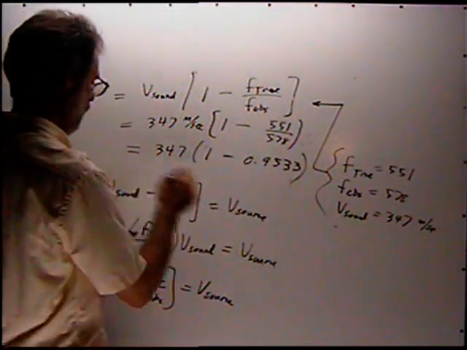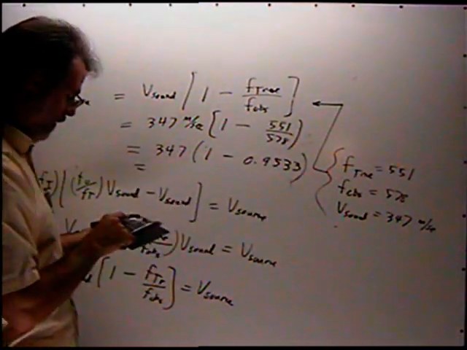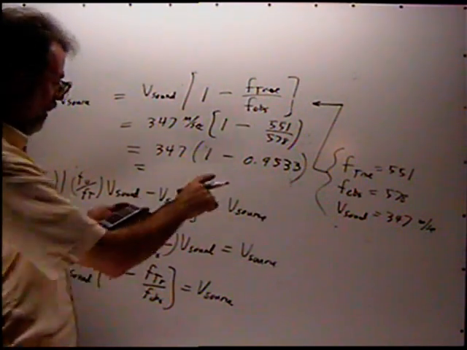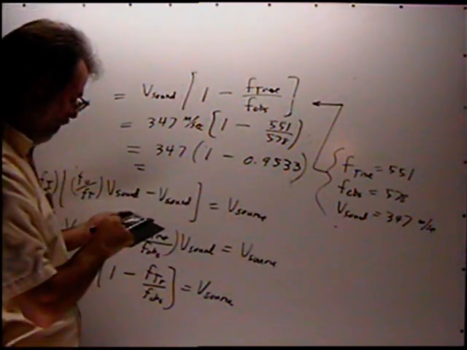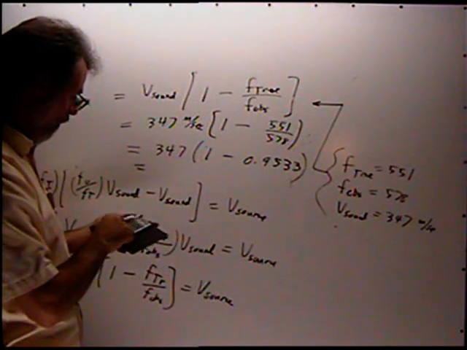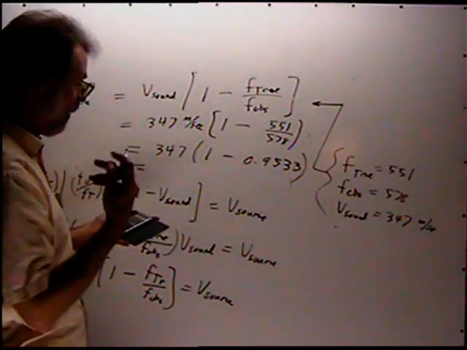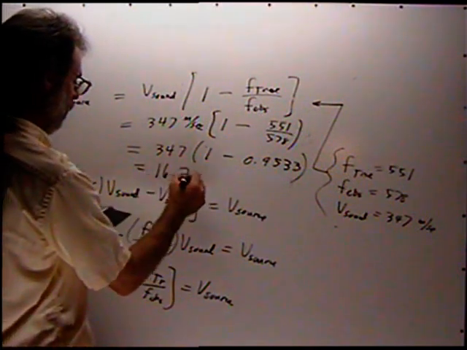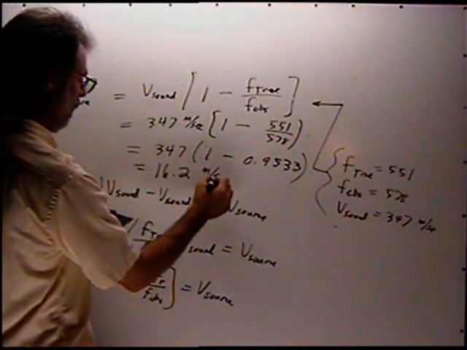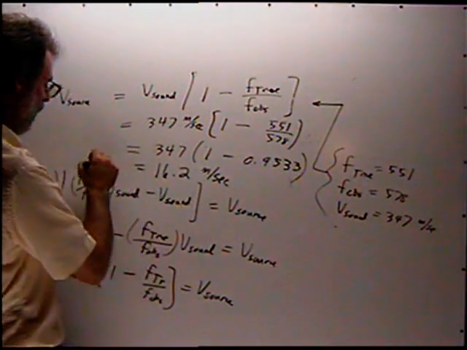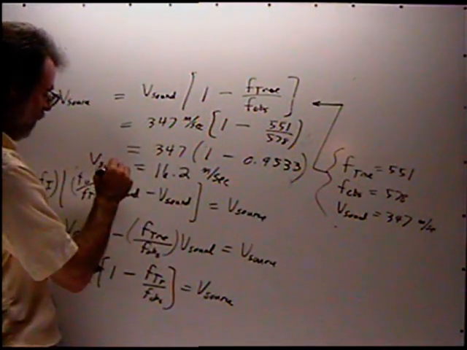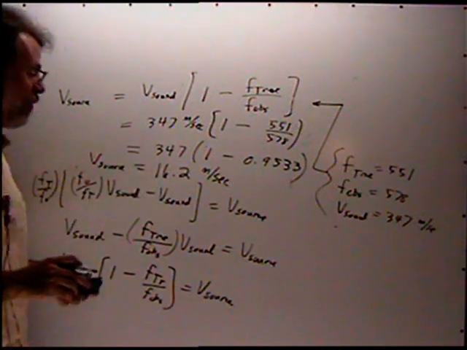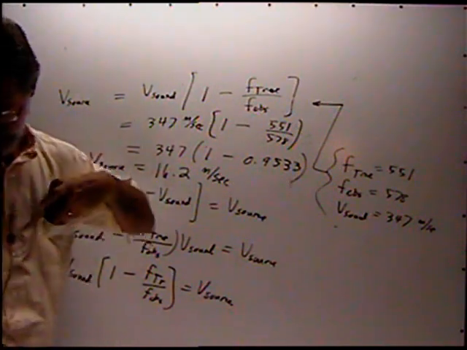I multiply by 347, and I'm going to round to 3 significant figures. I get 16.2 meters per second. So the velocity of the source is 16.2 meters per second. And we finally get the answer.